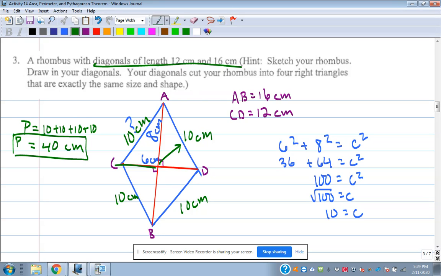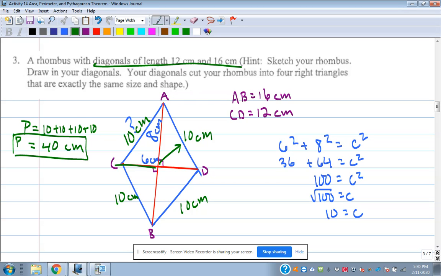All right. Now, area. So how do you find area of a rhombus? Does anybody know? Well, it's not a square, though. It's a rhombus. Squares are always a rhombus, but rhombuses are not always squares. It's the product of the diagonals, actually.